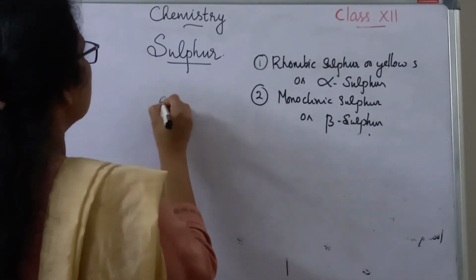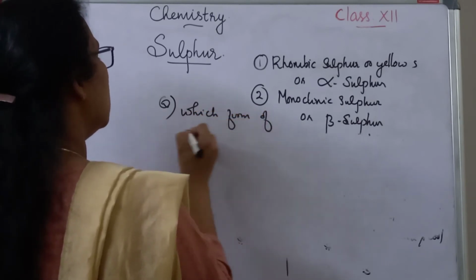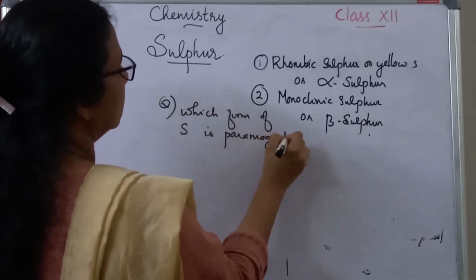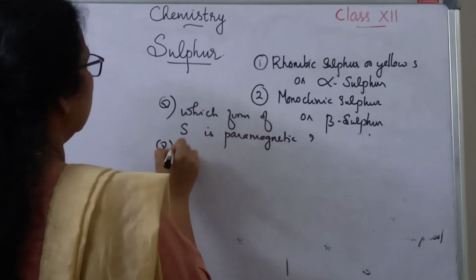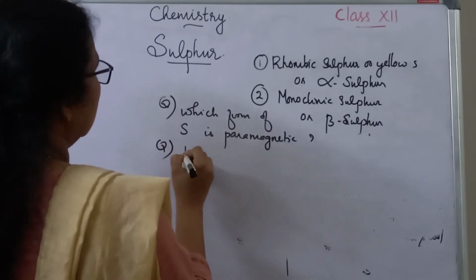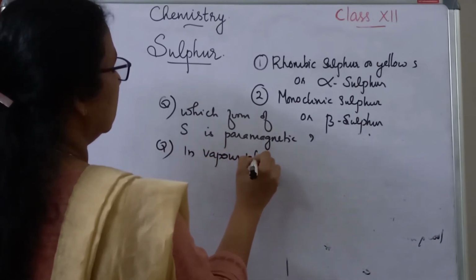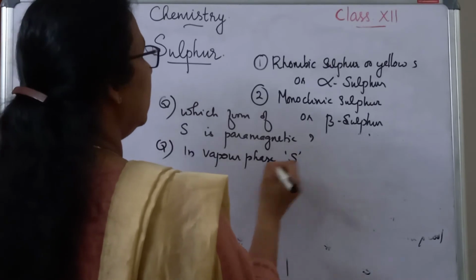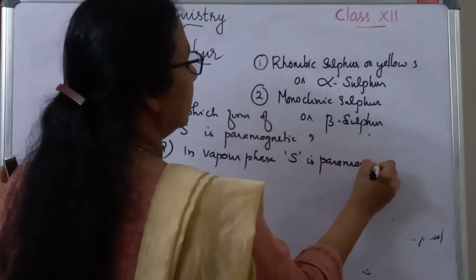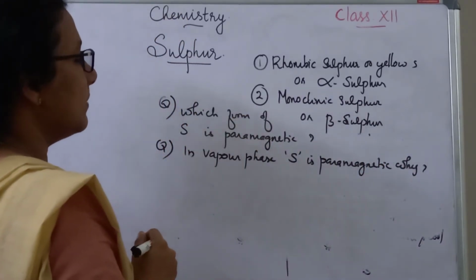Or another question may be: in the vapor phase, why is sulfur paramagnetic? This type of question can be asked.